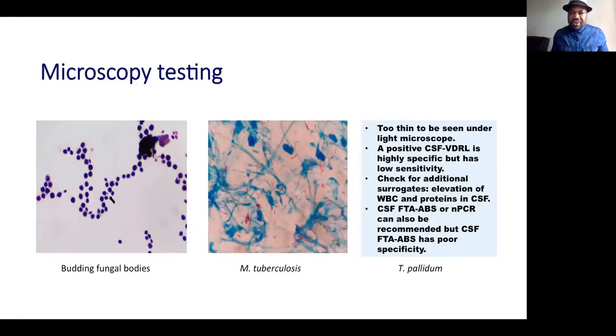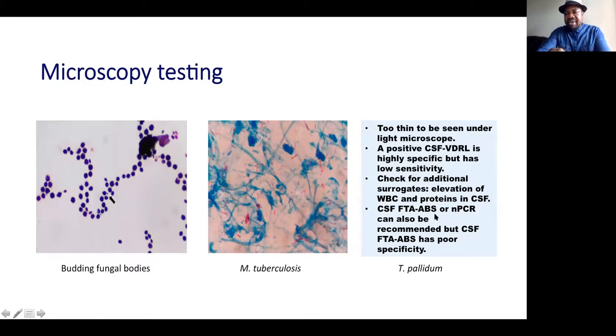Now, you will request microscopy testing. When they find the presence of budding fungal bodies, that's what you see in a patient with cryptococcal meningitis. But in a patient with TB, that's what they are going to find if they do what we call Ziehl-Neelsen testing. So this is the picture of a patient infected with TB meningitis, and this is fungal meningitis.